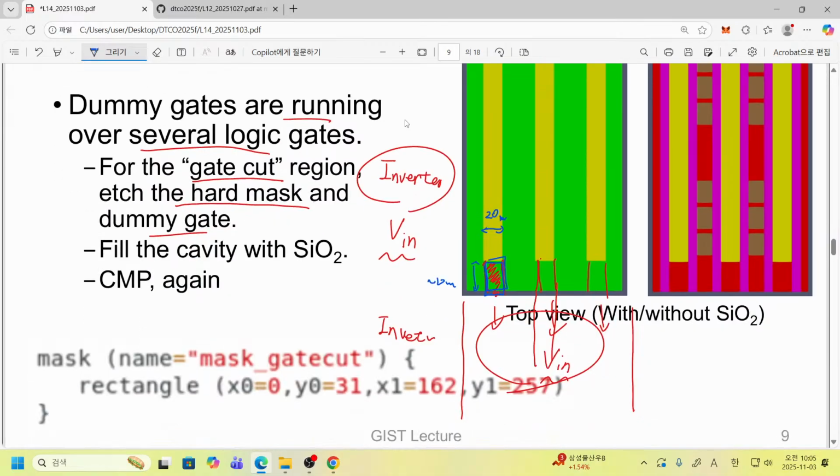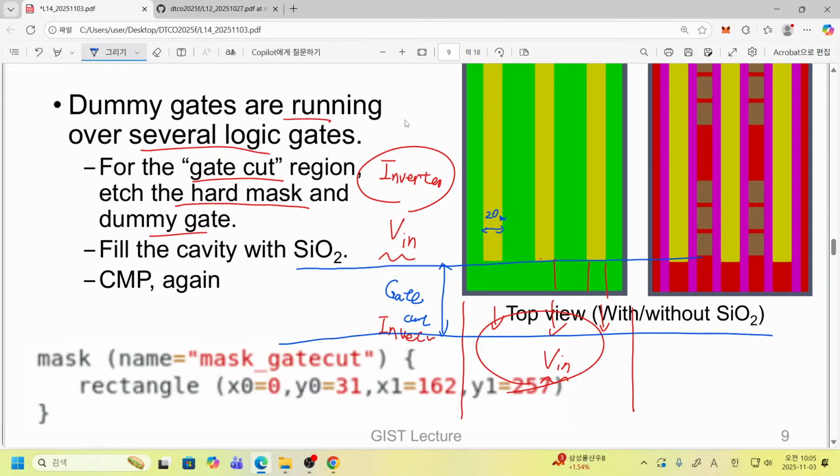So what we do is consider a certain amount of width for the gate cut, and the gate cut is done as a long line.